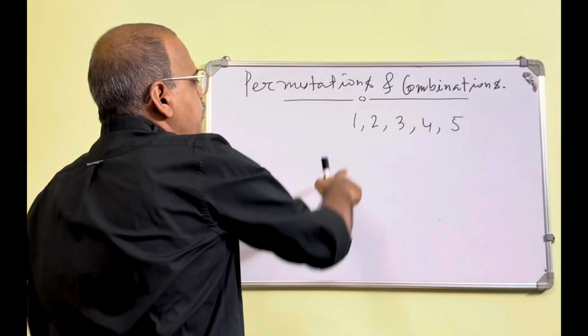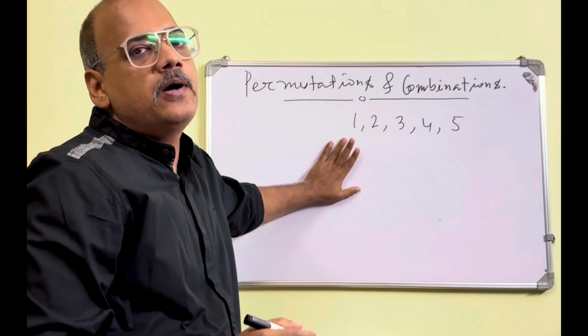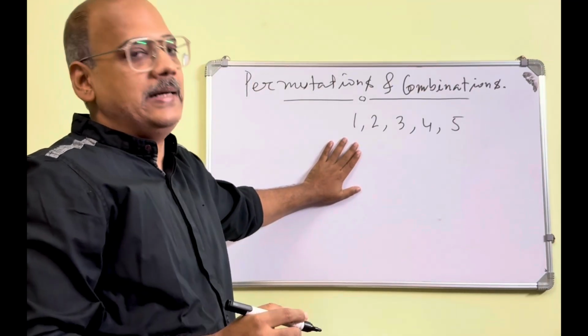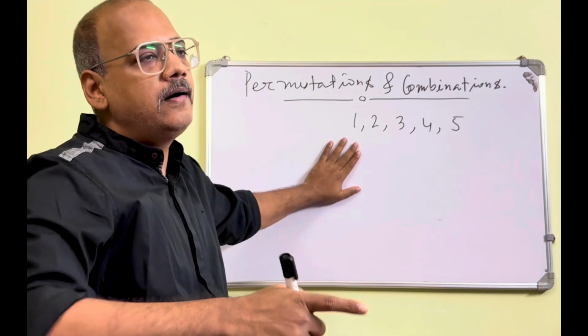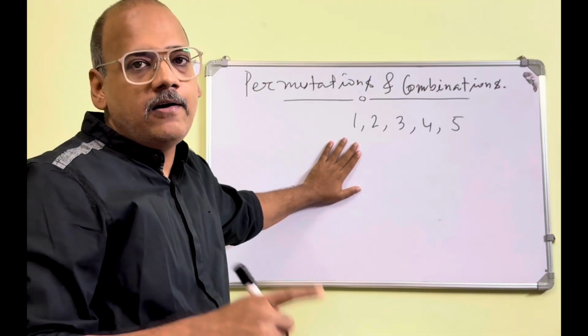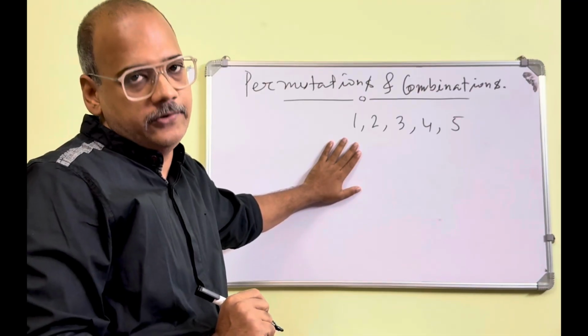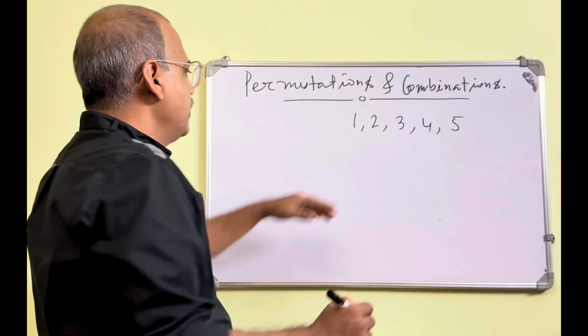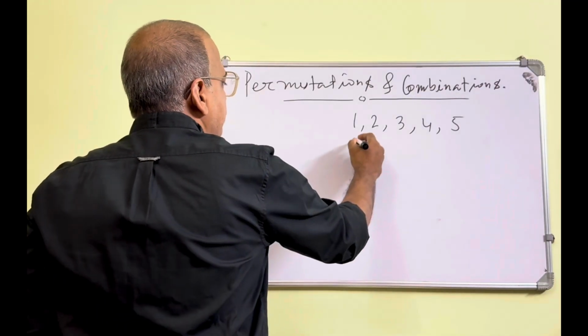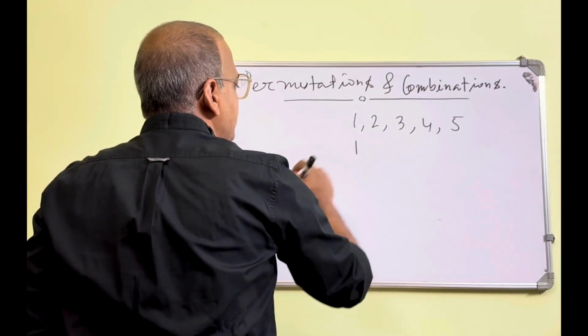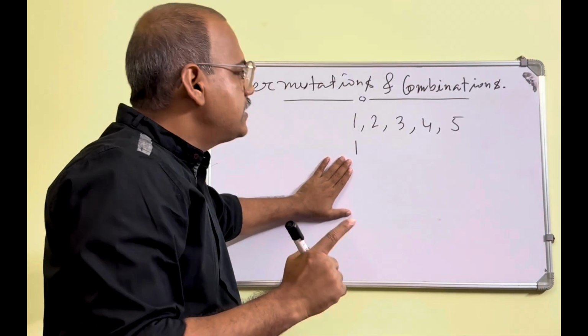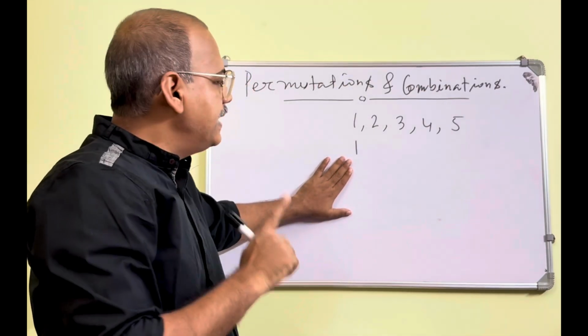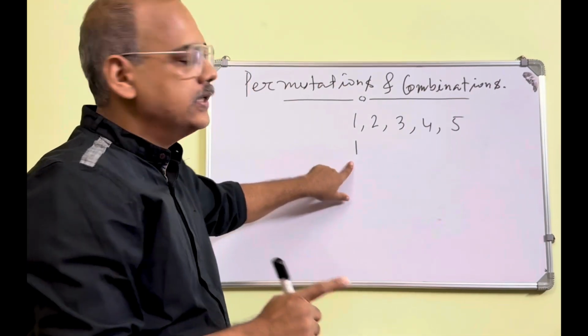Today we'll be introducing how this problem can be solved through a branching method, which is basically an application or extension of the principle of counting. It's a multiplication. So let's start with one. I just want to know how many such five-digit numbers can be formed starting with one.